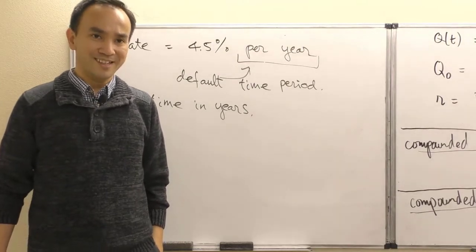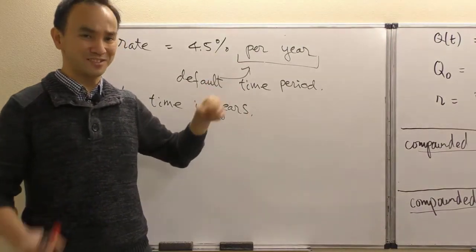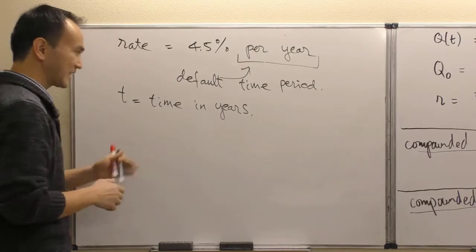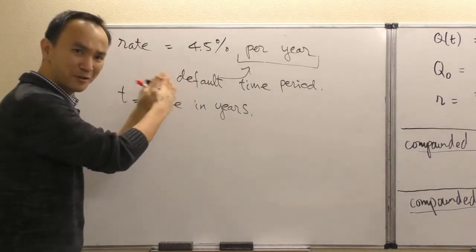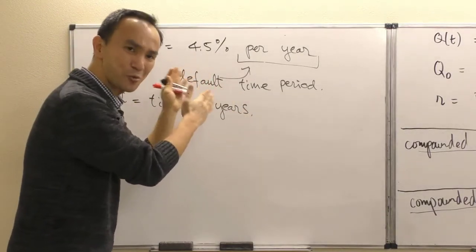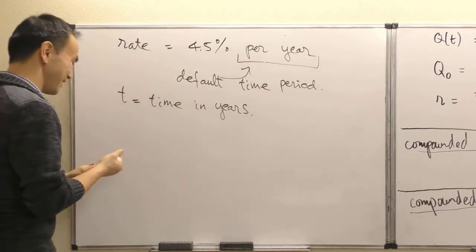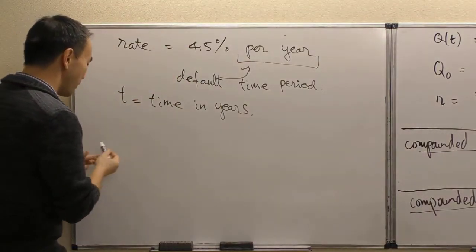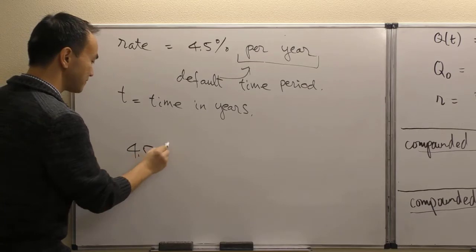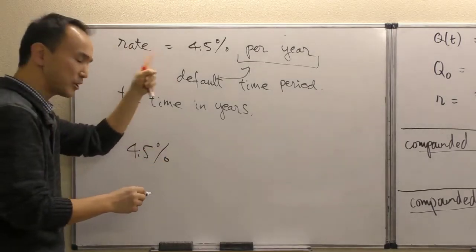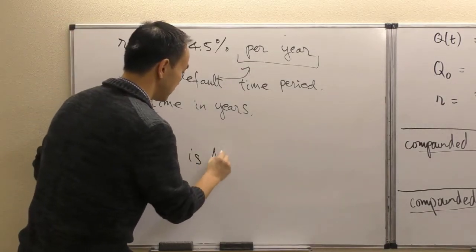All right, so now clearly making that connection, if this population was the money amount, then, ladies and gentlemen, 4.5% is clearly not the nominal rate.